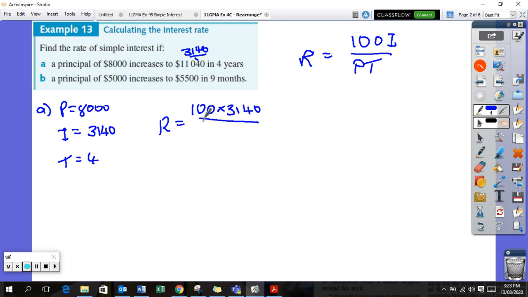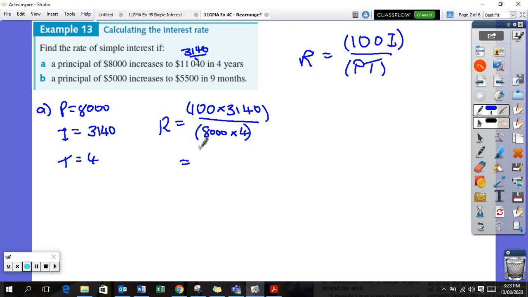over, and I'm going to use brackets. We're going to use brackets, particularly down the bottom, just so we know nothing's going to go wrong. So over 8,000 times 4. The brackets are just going to hold the bits together.